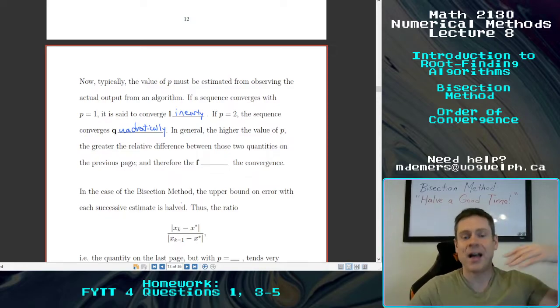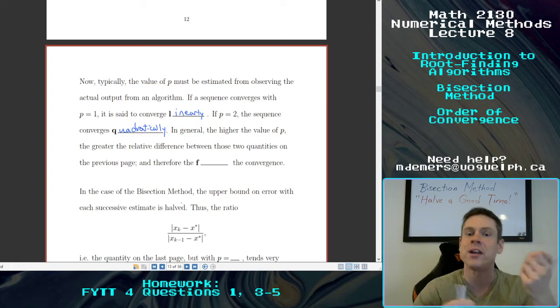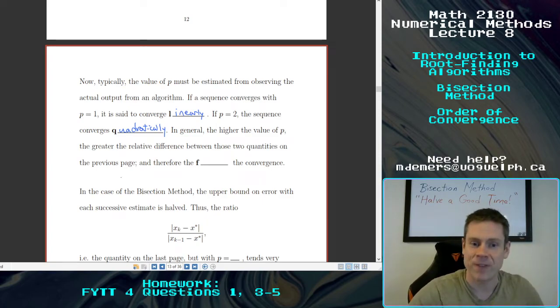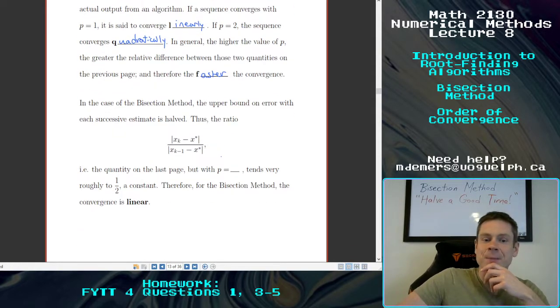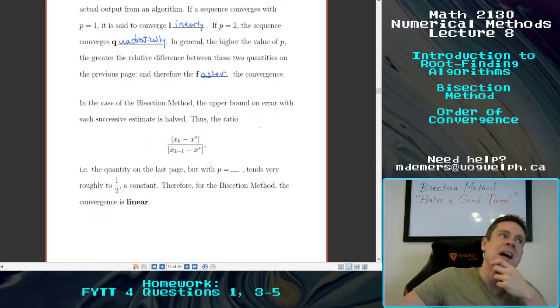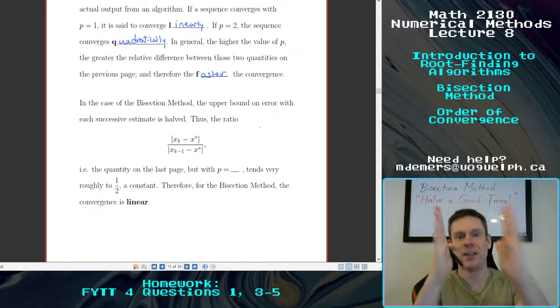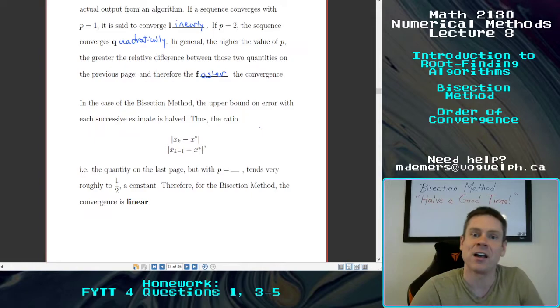In general, the higher the value of p, the greater the relative difference between those two quantities in that ratio, and therefore the faster the convergence. Bisection method, in particular, is really helped by the fact that we have a very predictable set of intervals to think of, and therefore a very predictable upper bound on the errors.